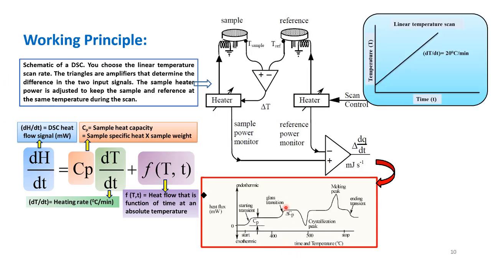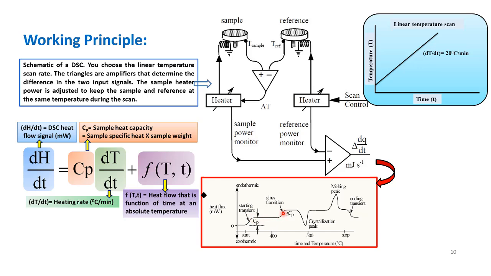So here, as you can see, this is the delta CP which we need to consider. Here also we can get the CP from the starting. In the starting it will take some time as some impurities will be removed from the sample, so there will be a slight increase in the heat flux at the start, and then it will become constant.